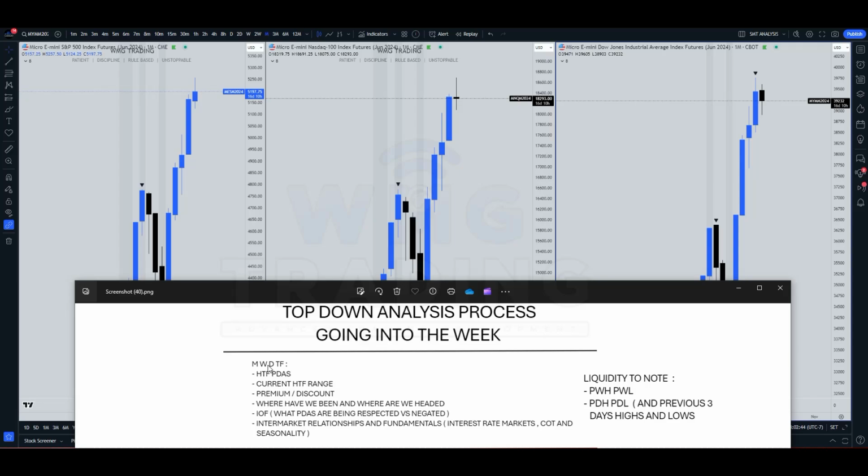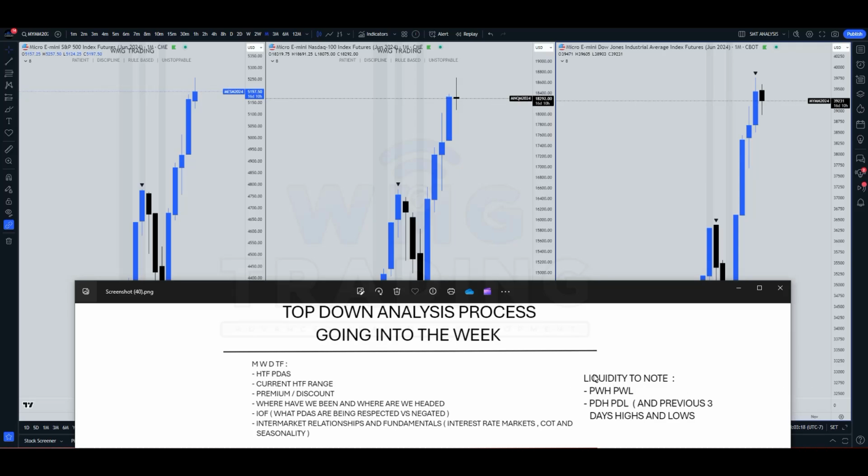Figure out, side by side, what news events occurred at what day, at what time, and then transpose that into the higher time frame charts, and you'll see that the economic calendar holds a lot of importance when you're looking for timing higher time frame directional moves. So just something to consider. The first thing, like I said, was the news. Then you're going to want to look for higher time frame PD arrays on the monthly, weekly, and daily.